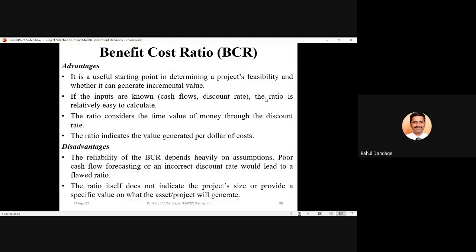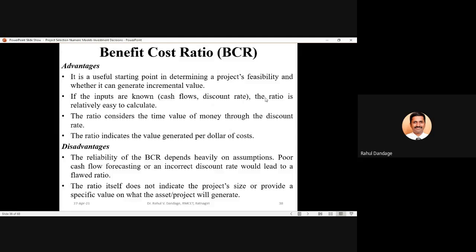And this ratio indicates the value generated per dollar of cost, or per unit of whatever monetary units we are using for cost. So per unit of cost, how much are the benefits generated, that value will be given by this ratio.